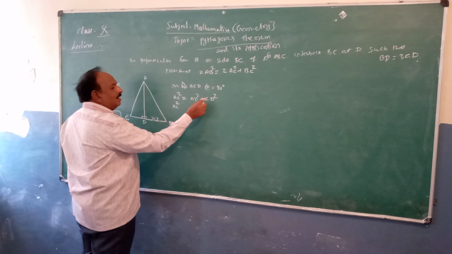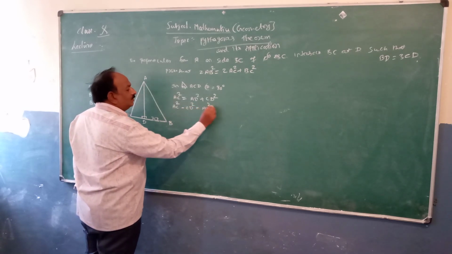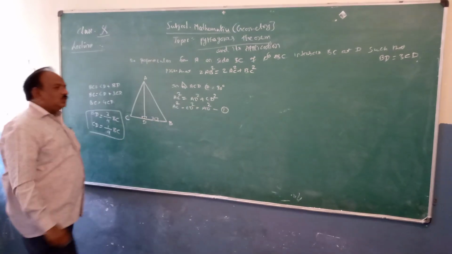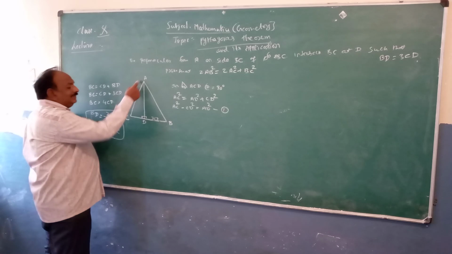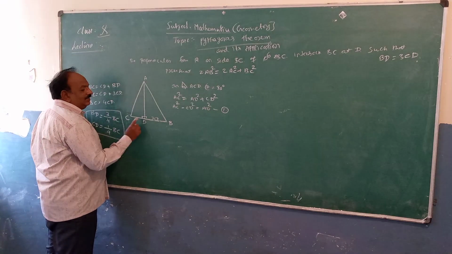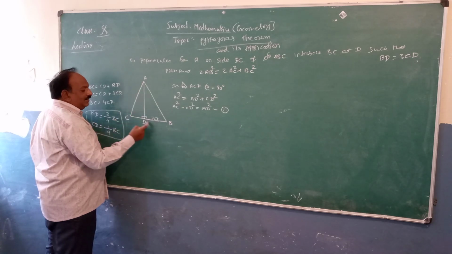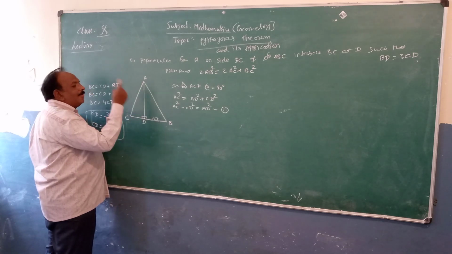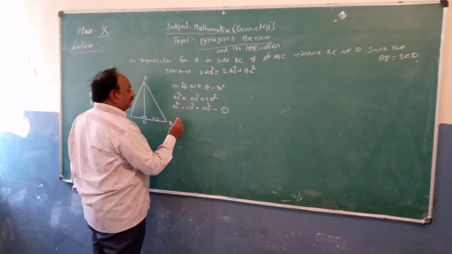AC square minus CD square is equal to AD square. Call it as equation number 1. Once again, in the right angle triangle ACD, AC square minus CD square is AD square.